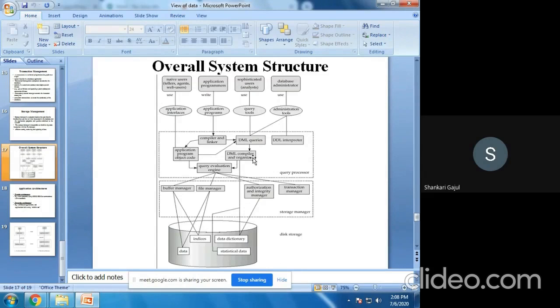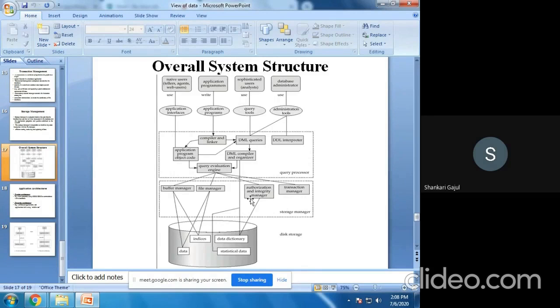Now these are the queries, the DML queries. Before getting a particular result, we have to submit a query. So the storage manager is the intermediary or interface between the DML queries and the actual data. The storage manager is responsible for these four components. What are those?